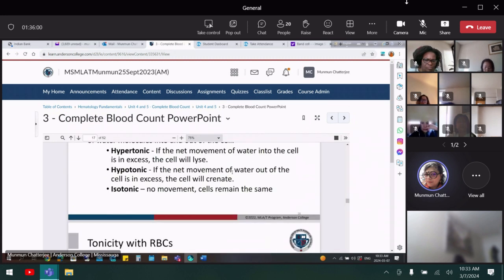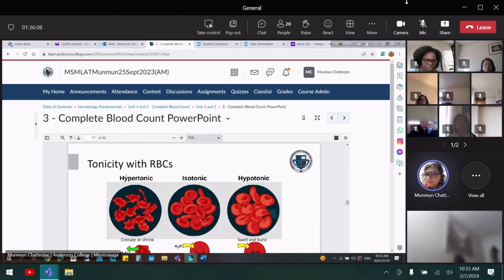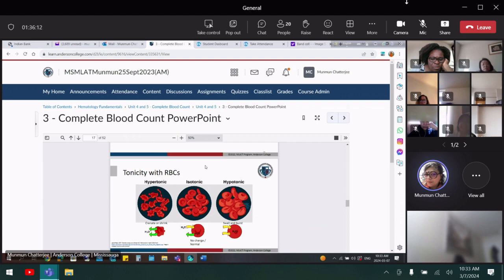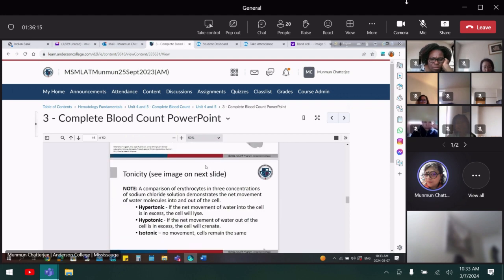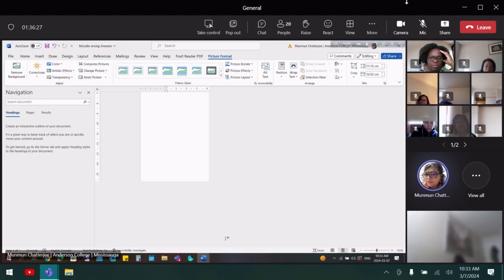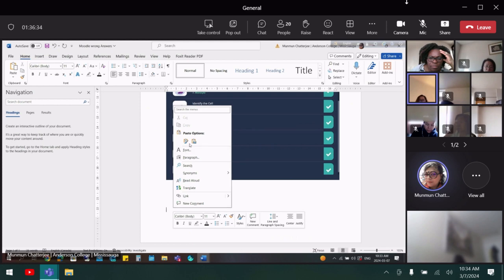Hypotonic, net movement of water out of the cell in excess. The cell will crenate. So this should be the hypotonic. My God, what am I going to do with these people? They are giving all the wrong information. Just like in D2O, lots of mistakes.